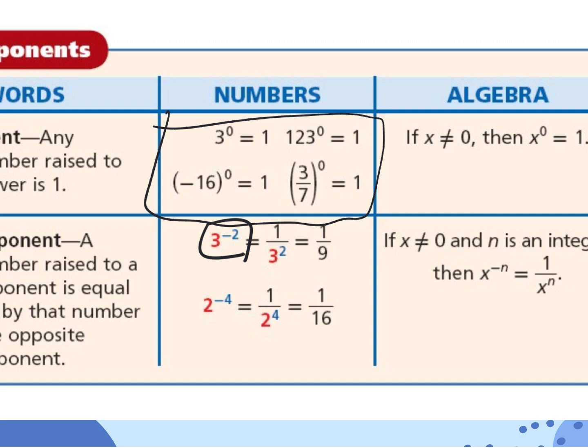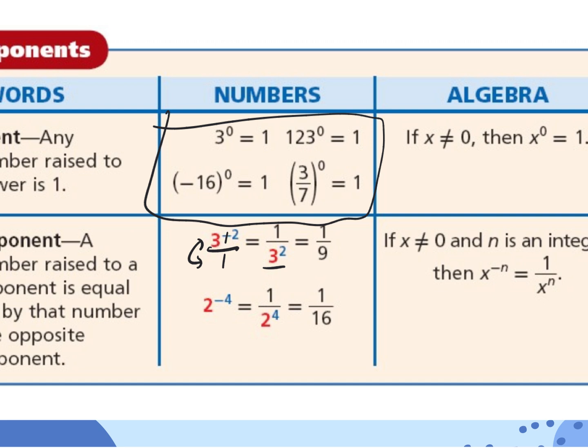So again, treat this as 3 over 1. And all we're going to do is flip the places and turn this exponent positive. And then we get 1 over 3 to the second power, and then 3 to the second power, I know that's just 3 times 3, which is 9.